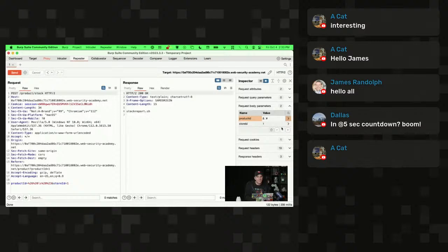So let me go ahead and type cat stockreport.sh. Now, the idea here is we've identified that there's a bash script running in the background. If I send this, okay, here we go.